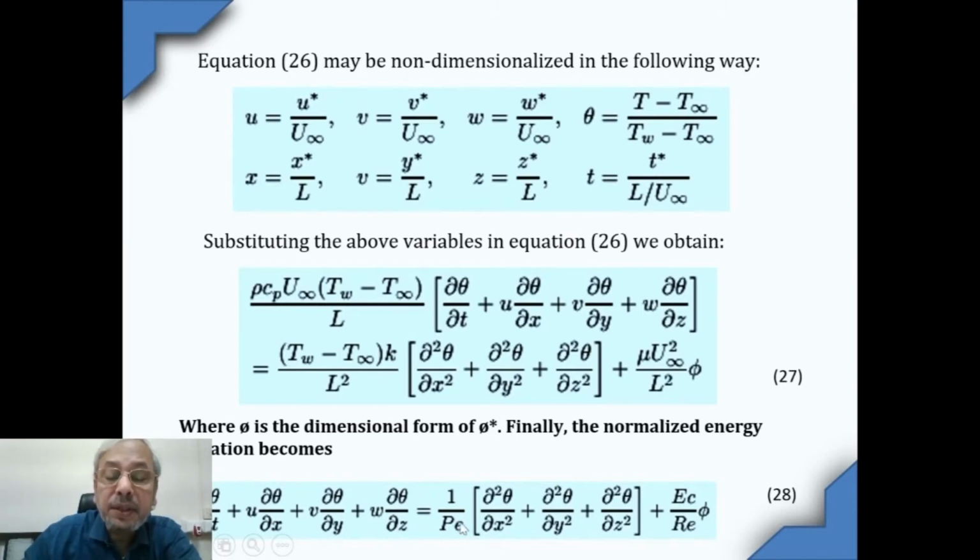Peclet number means Reynolds number into Prandtl number. Del 2 theta del x2, del 2 theta del y2, del 2 theta del z2, plus Eckert number by Reynolds number into phi. Phi is again non-dimensional dissipation function.